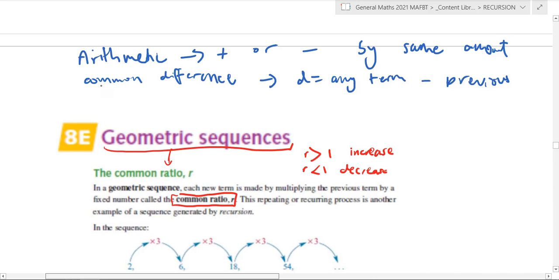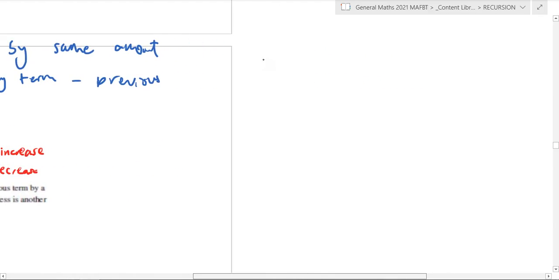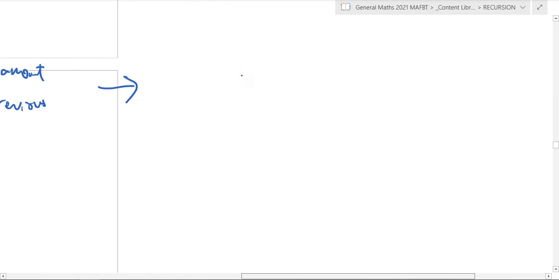There are two main rules that we use for arithmetic sequences. So we have the nth term rule, which looks like this. It's Tn, and this is to find any term.